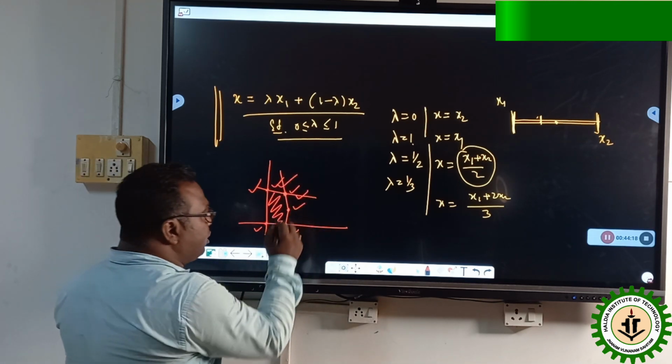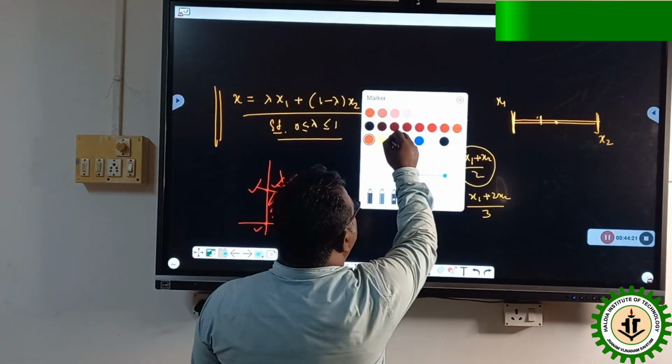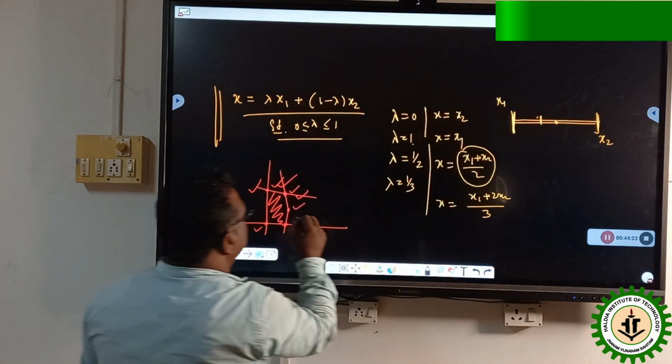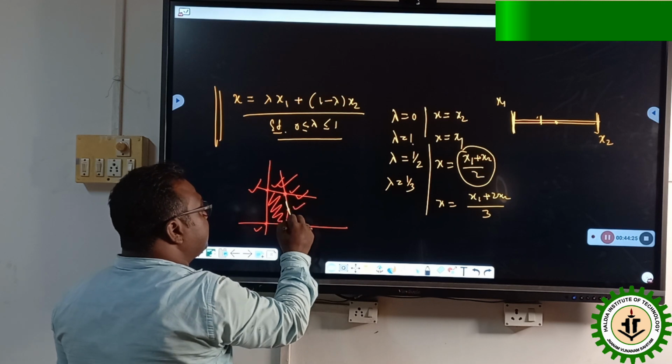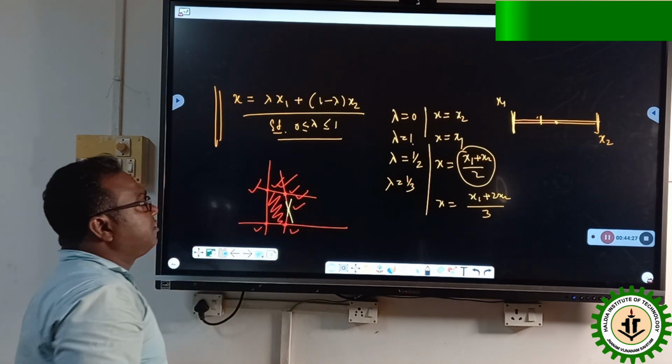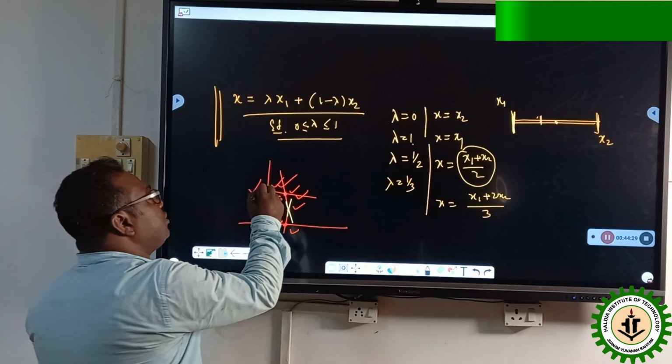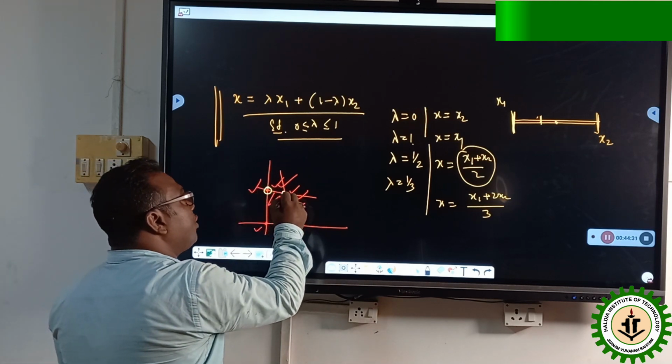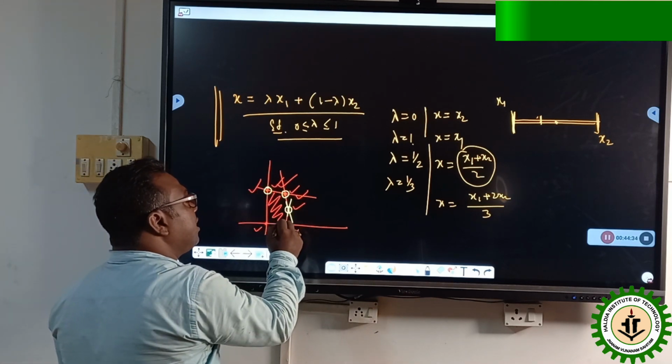To find the coordinate of this one, we have to solve this line as well as this. In that way, we have to find the extreme points of the common region.